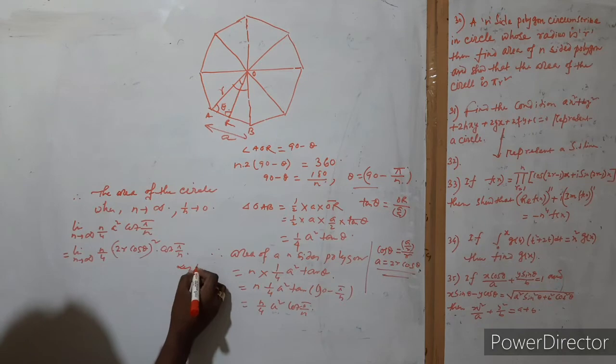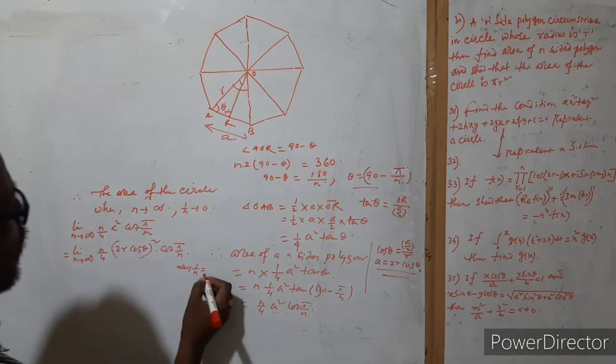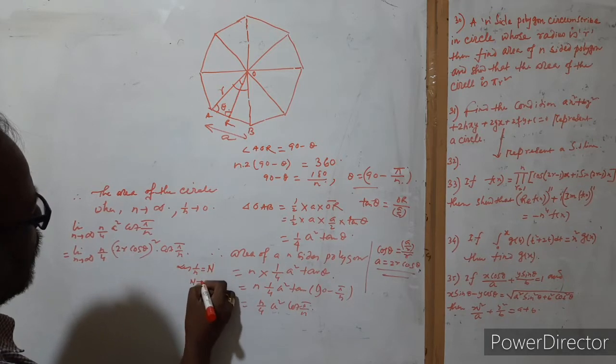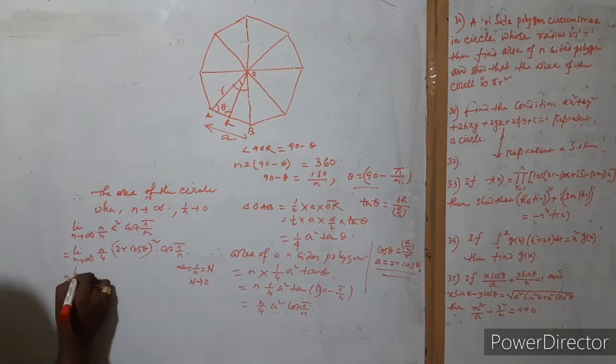So let 1 by n be equal to capital N, so capital N tends to 0.